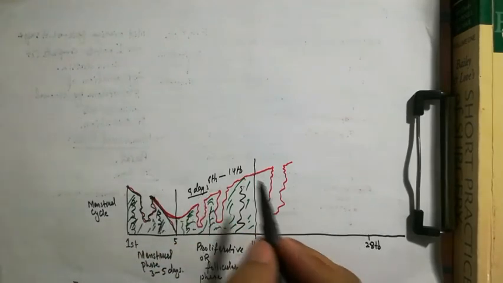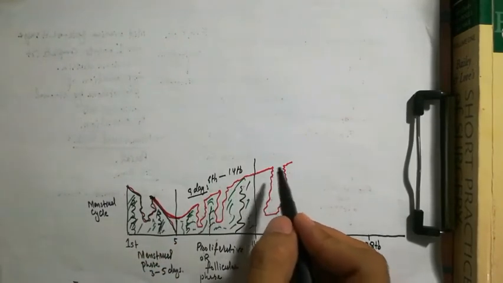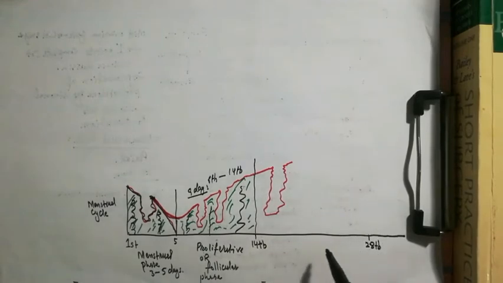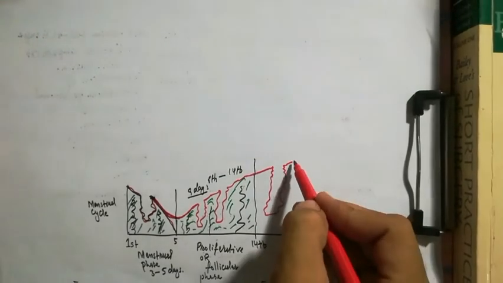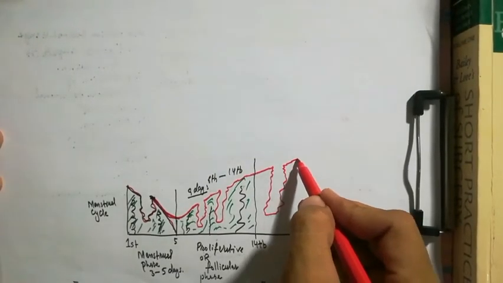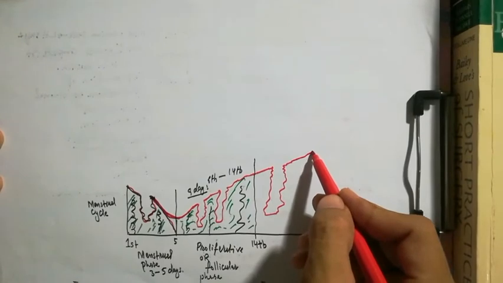And 15th to 28th day last secretory phase. Variations in the duration of menstrual cycle are due to variations in duration of proliferative phase. Duration of menstrual and secretory phase is fixed. During this secretory phase, endometrium is developing more.